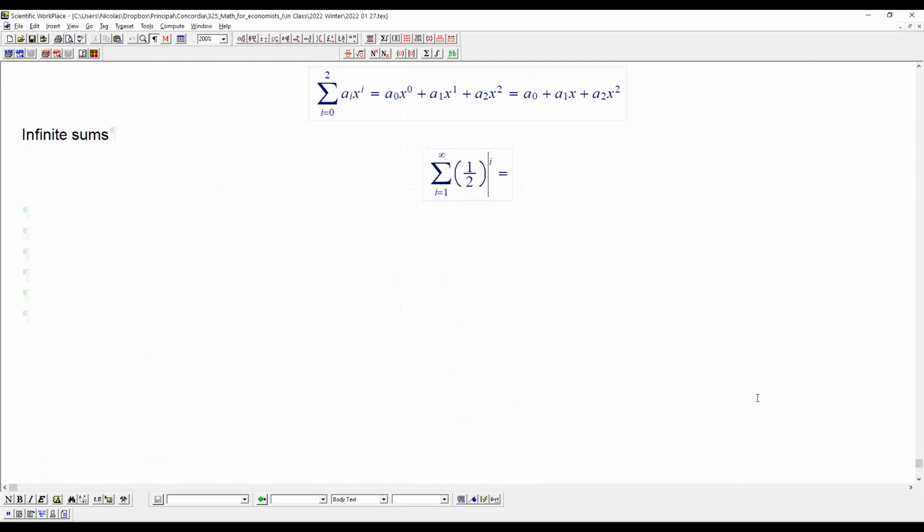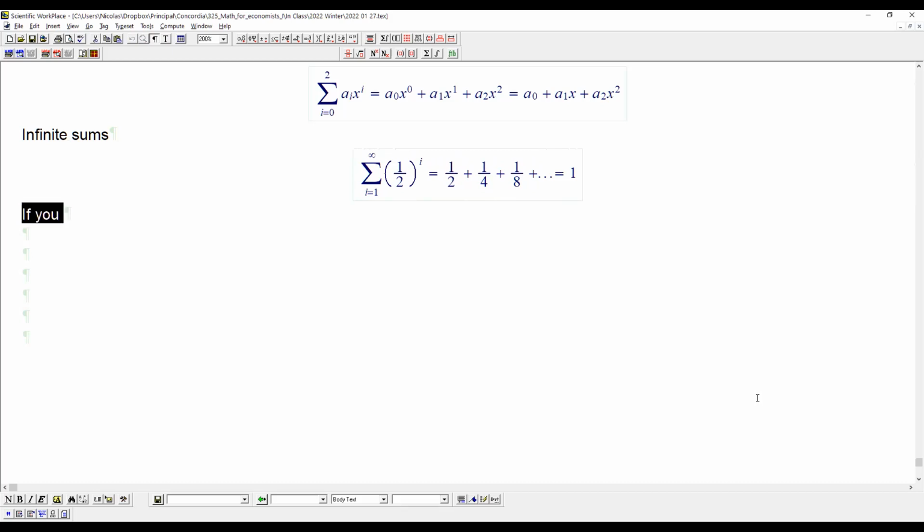So this, of course, equals 1/2 plus 1/2 squared, so that's 1/4, plus 1/8 plus that. So this equals what? Yes, equals 1.